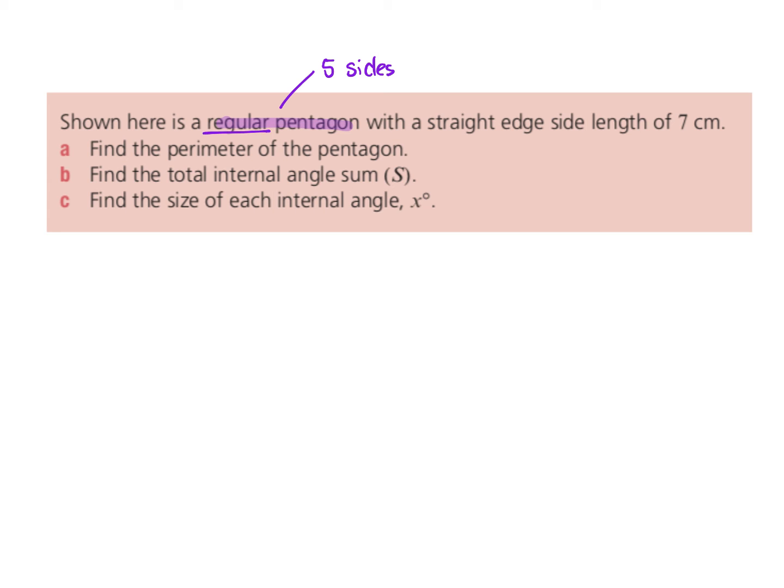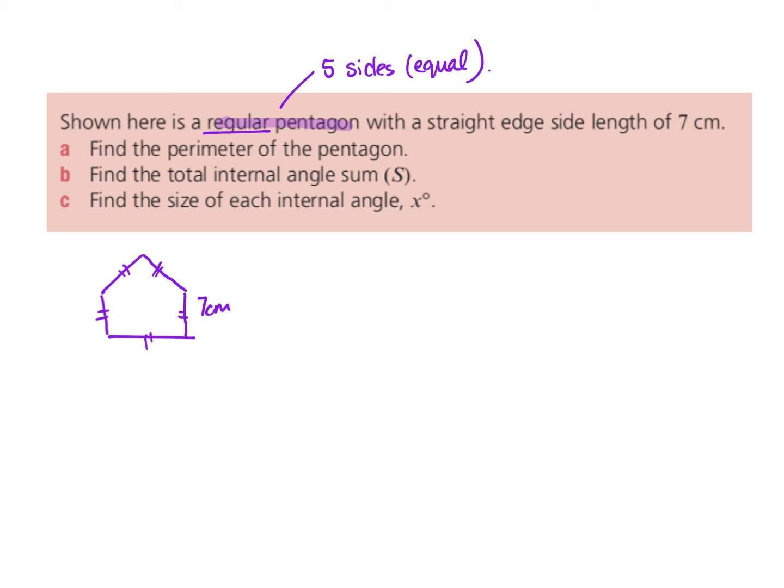And because it said regular, it'd be 5 sides that are equal. So I might draw a pentagon just so I'm clear on what's going on. Sorry, it doesn't look regular, but I'm just going to pretend it is. So here's my 5-sided pentagon, each with a length of 7 centimeters. Find the perimeter of the pentagon.